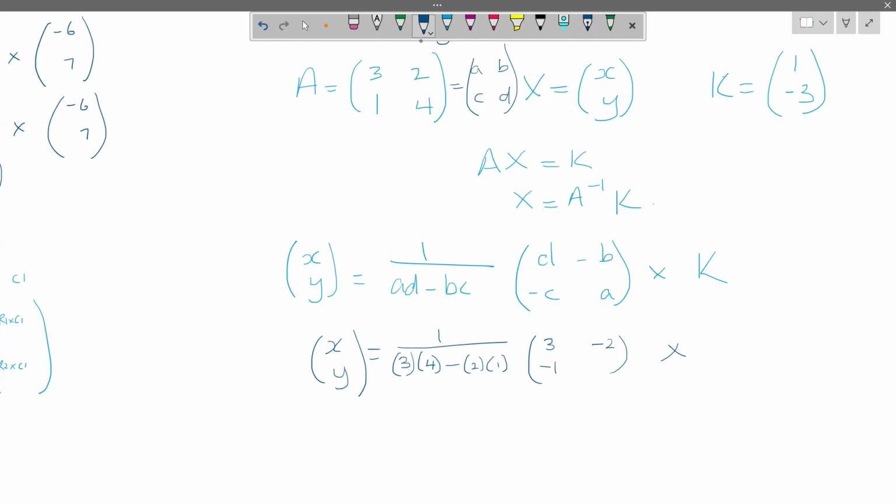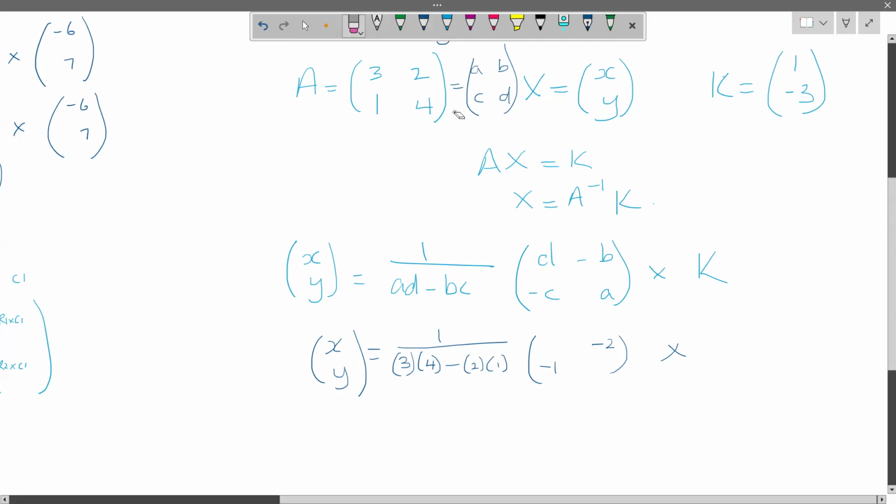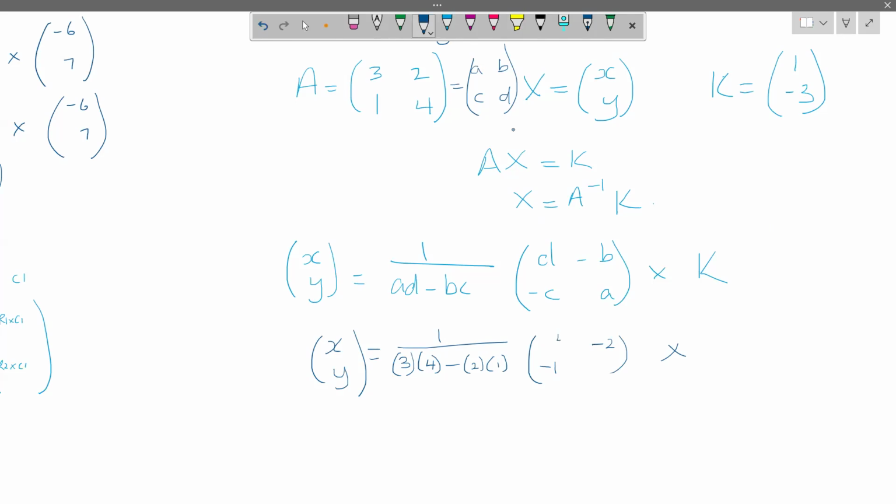And D is, sorry, not D, we have to get A. I'll make a mistake here. D is supposed to be 4 up here, and A going underneath here, 3. Cool?